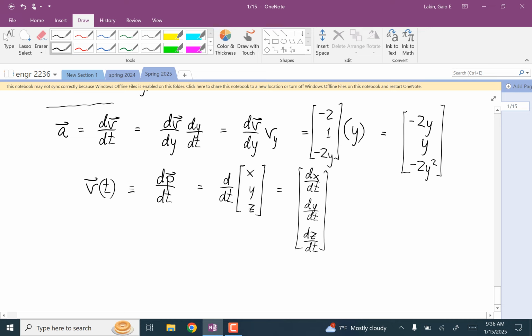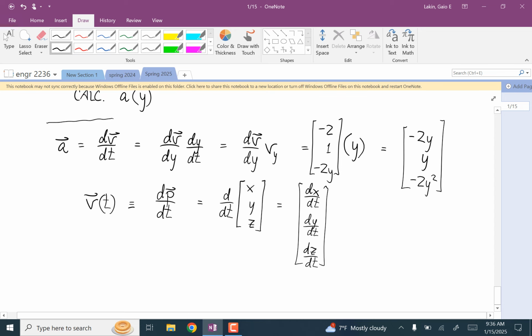And this v here is the x component of velocity, y component of velocity, z component of velocity. So the y component of the velocity is equal to dy dt. The x component of the velocity is equal to dx dt. Any other questions about that yet?